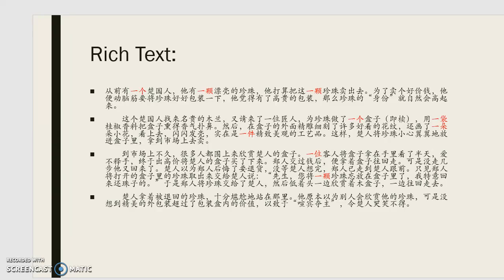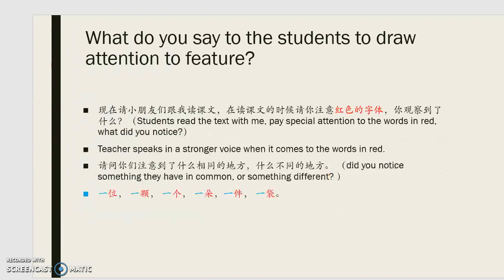And I revised it a little bit, and I added some actual measure words to let students notice the repetitive grammatical feature in the text. So in Chinese, we use different measure words for different objects to indicate the unit of measurement.